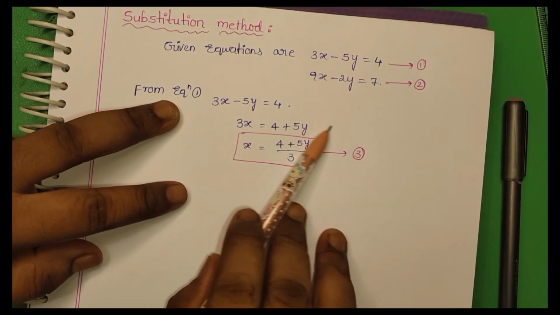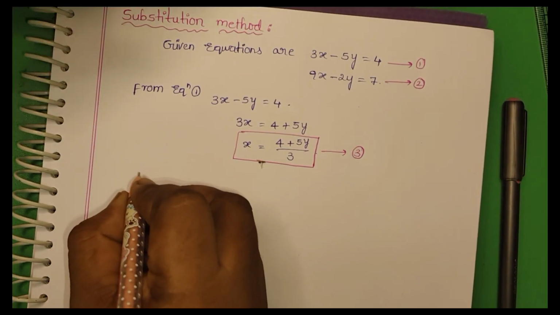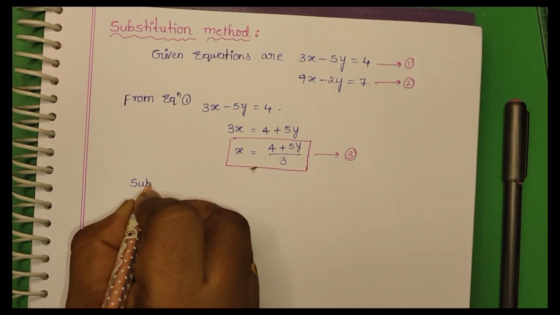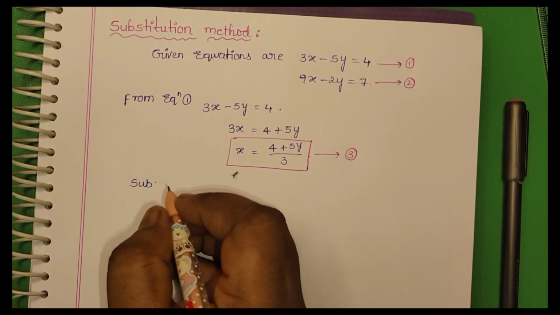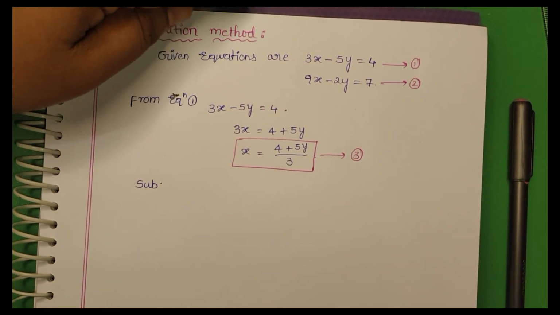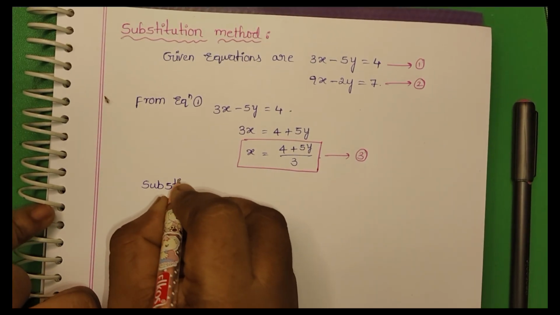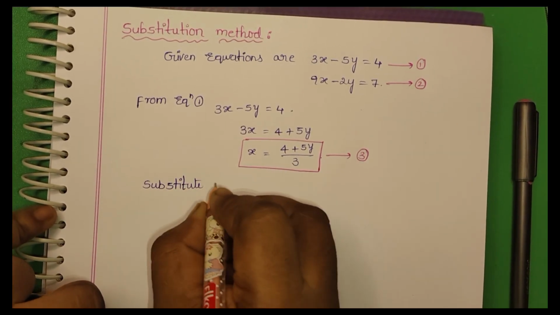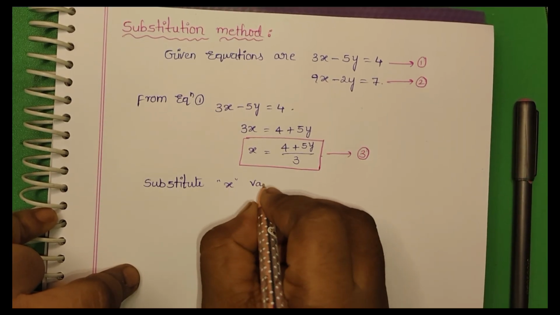Now we want only the x value. That's why we send the 3 to the right hand side, multiplication becomes division. So x equals (4 plus 5y) by 3. This is equation number 3 and that is the x value. We substitute the x value in equation number 2 because we already used equation number 1.